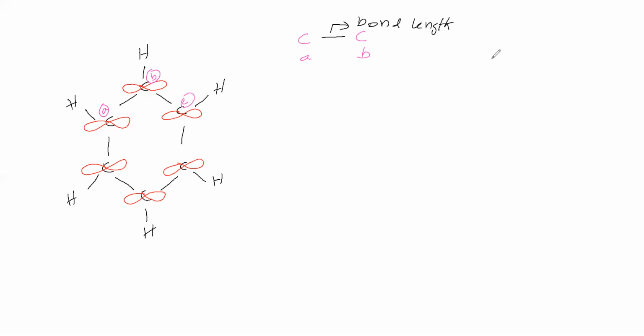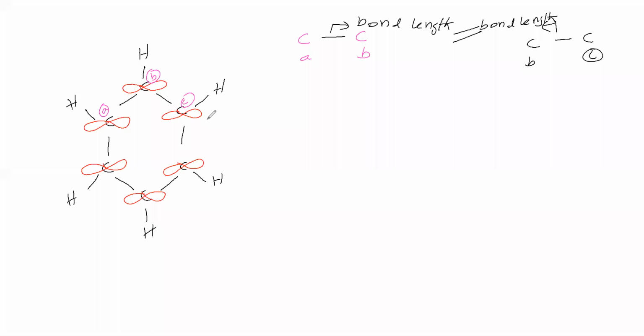Now we are considering carbon B, carbon C. We will take this bond length. Experiment says they are equal. That means here also this bond length is equal to this bond length. All the CC bonds have equal bond length, the same nature, and the same bond strength.